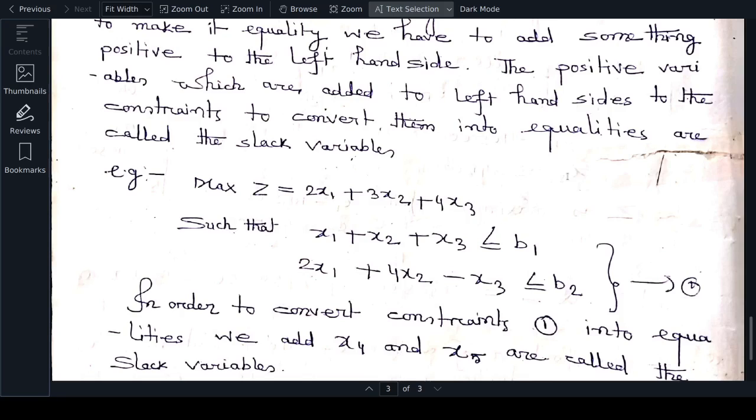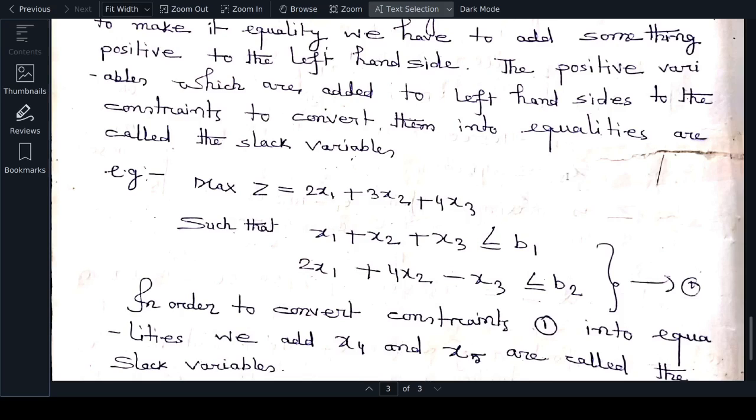Bi's mean b1 and b2, and if another equation is given, then b3. So all b1, b2 should be positive. But in the graphical method, no problem. If negative, no problem. But in the simplex method, always b1 and b2 should be positive.